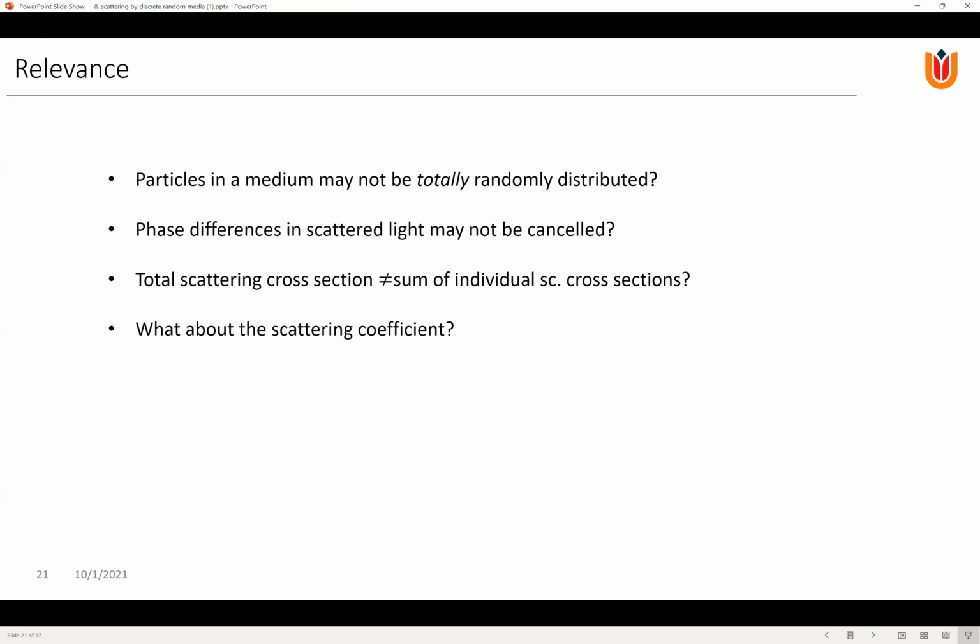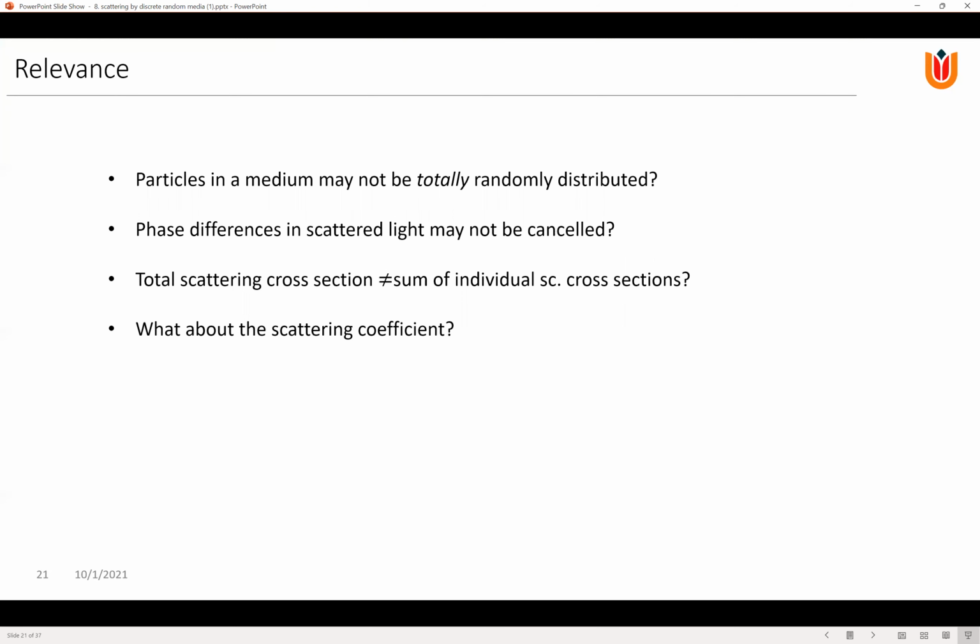Then these phase differences will not cancel, and we need to find some way to actually incorporate these differences. That would immediately imply that what we did before, that the total scattering cross section sums up as the sum of the individual cross sections, does not hold, and that also implies that the scattering coefficient may be a little bit different.